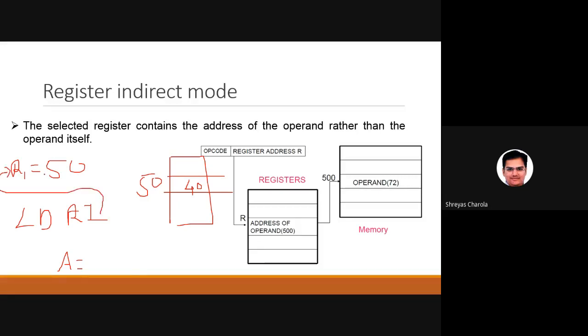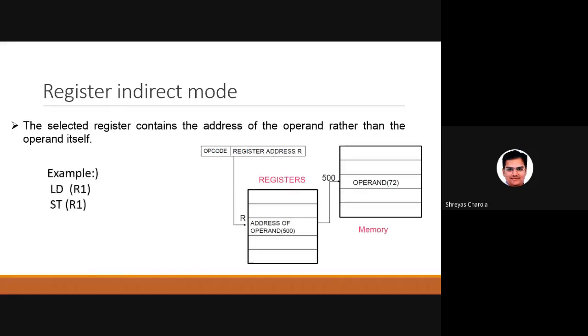It will go to R1, and the data there will be considered an address. It will go to that address, and from that address it will copy the data to the accumulator. This is what we call indirect addressing mode. Is it clear, all of you?